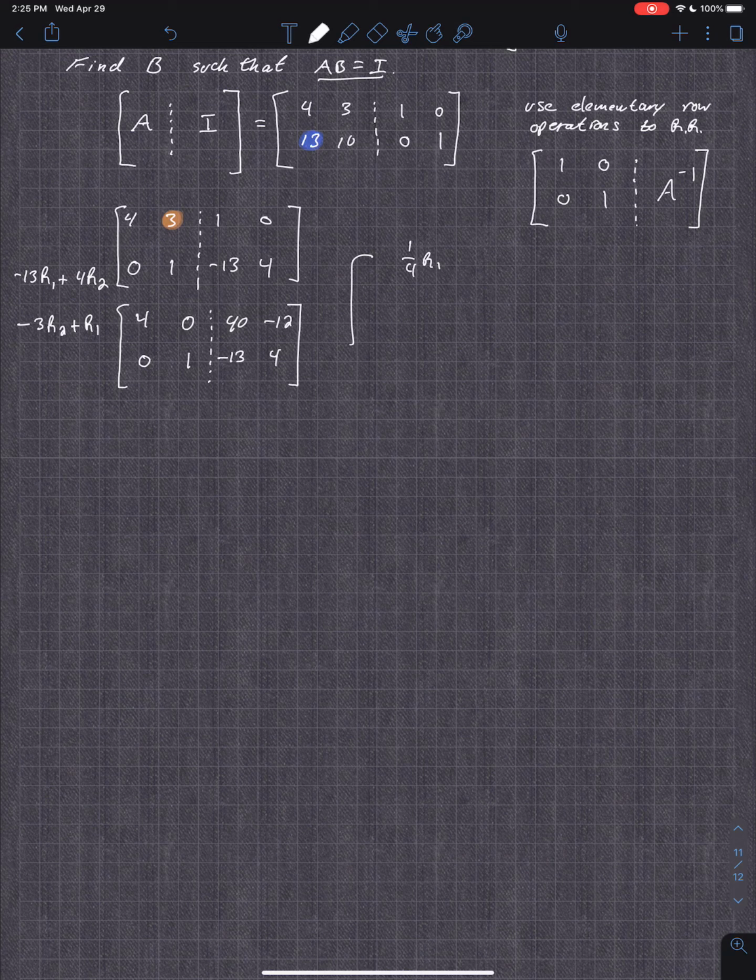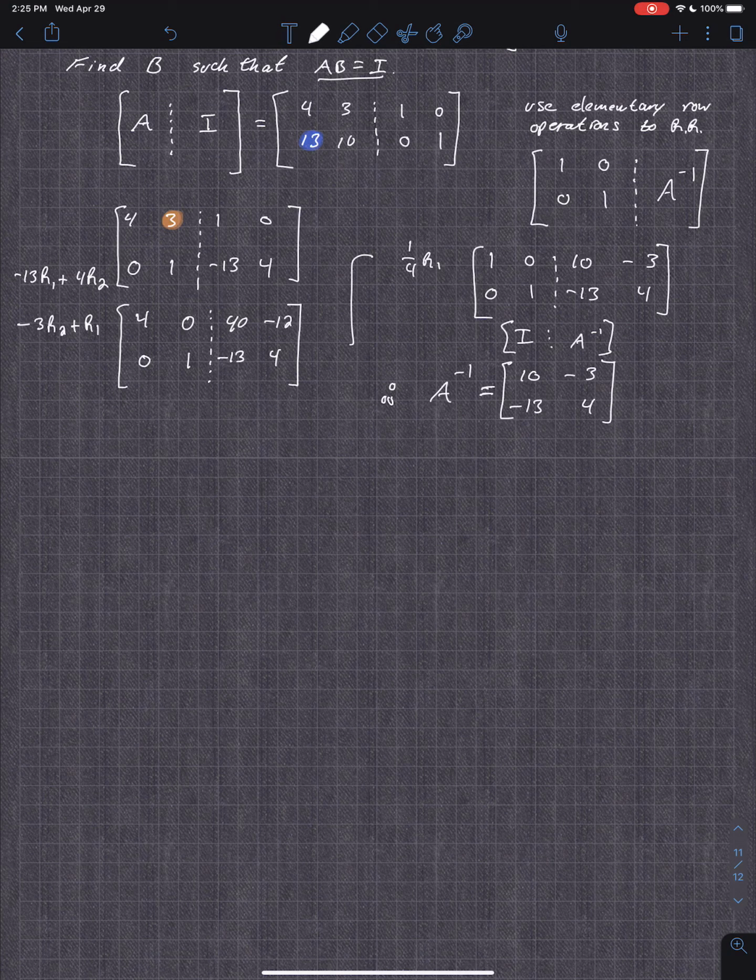So when you do that, you get 1, 0, 10, negative 3, 0, 1, negative 13, 4. Like that. So since you get I, then this is A inverse. So therefore, A inverse is equal to 10, negative 3, negative 13, 4.